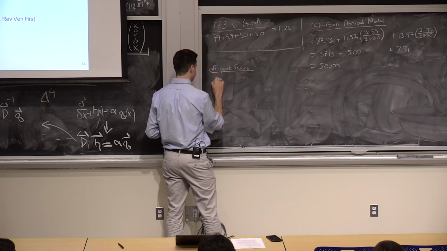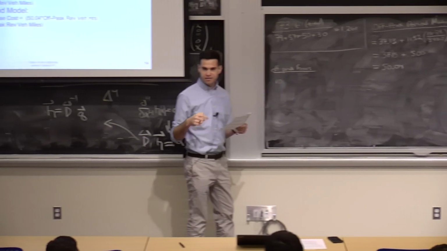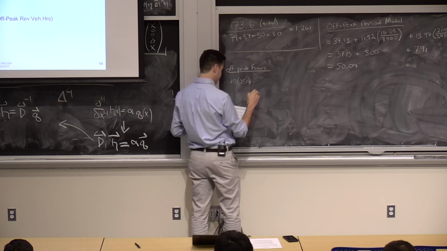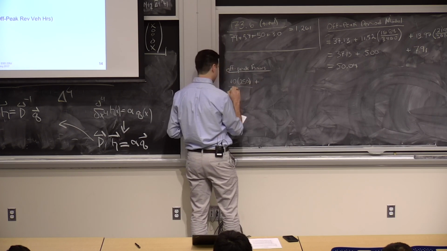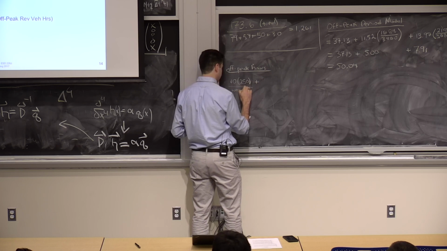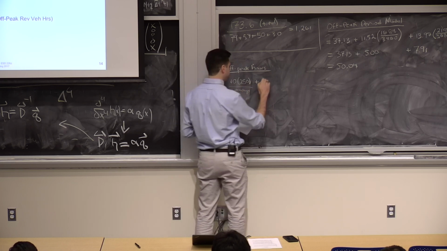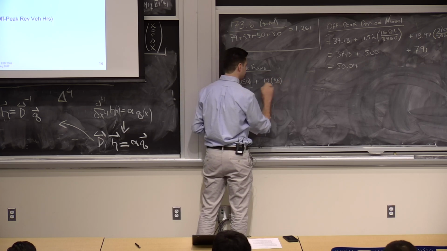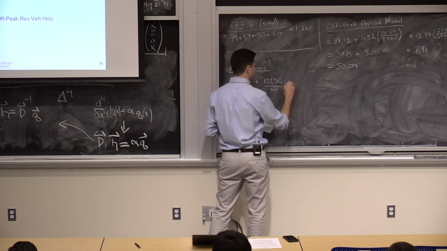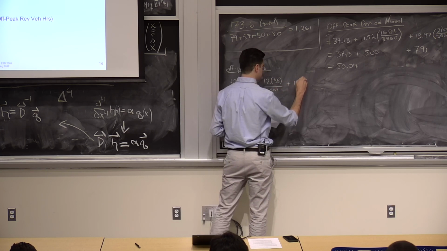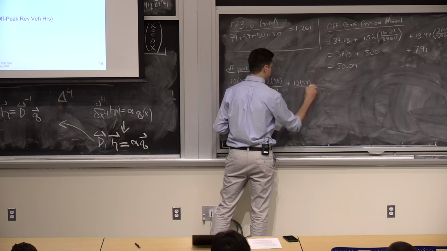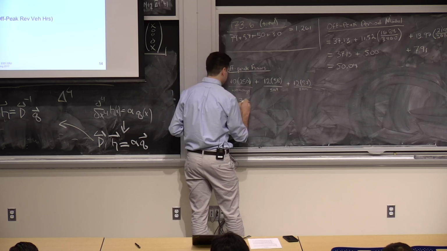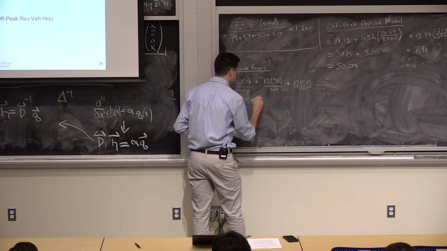We have 10 off-peak hours in the weekday times 250 weekdays per year, plus 12 hours on Saturdays, and we said there are 58 Saturdays per year, plus 12 hours on Sundays, and we said 57 Sundays per year. And that comes out to 3,880 hours.